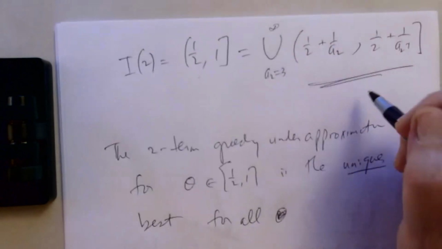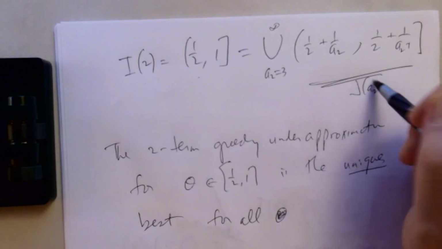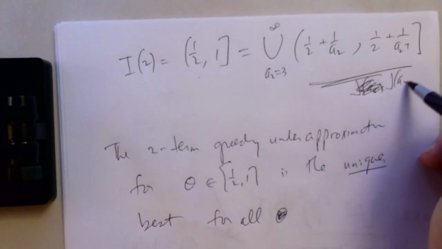Let me call this, I don't have to keep writing, this is J of A2.